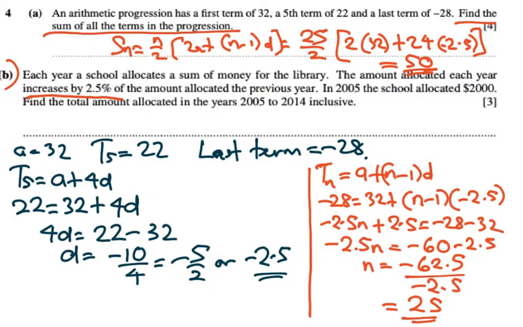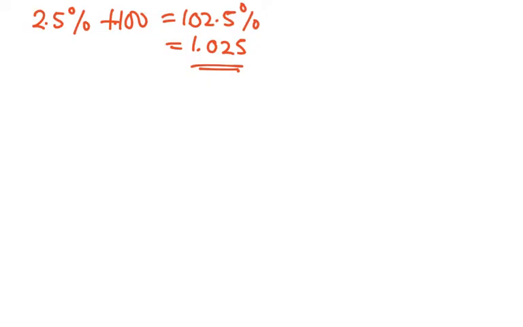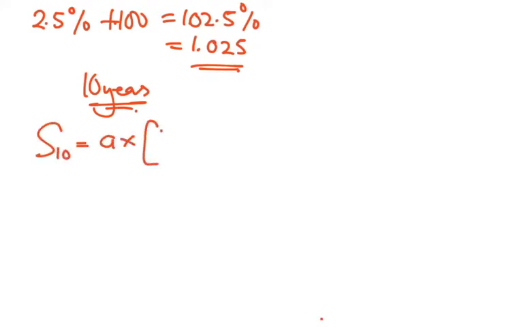So from 2005 you take 2005, 2006, 2007, 2008, 2009, 2010, 11, 12, 13, 14, 10 years. So S10 equals a times r to the power of n minus 1 over r minus 1. This is not sum to infinity, they just want a particular number of years, which is 10 years.